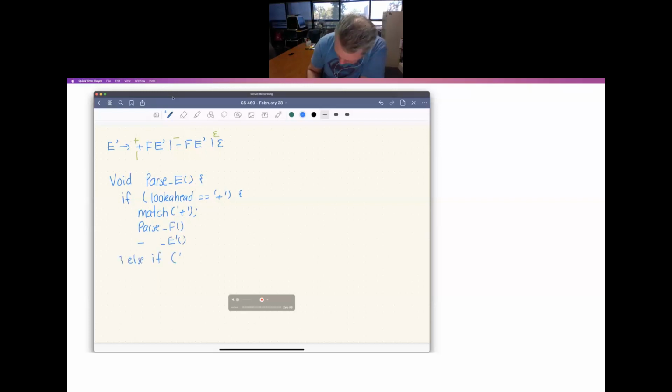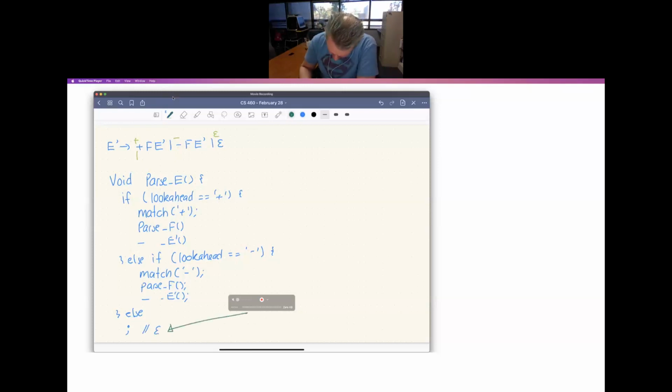Else if the look ahead is minus, match minus, parse F, parse E prime. Else what? Well, nothing. Now we did talk about a slight change here.